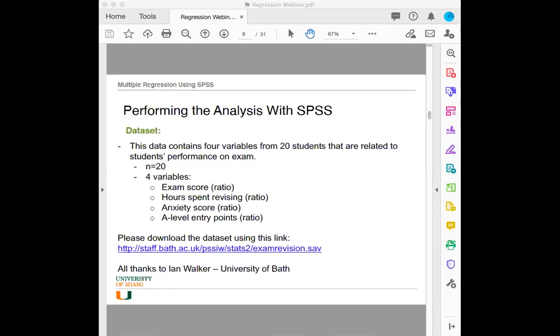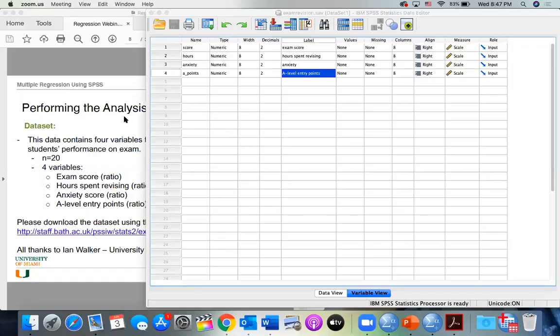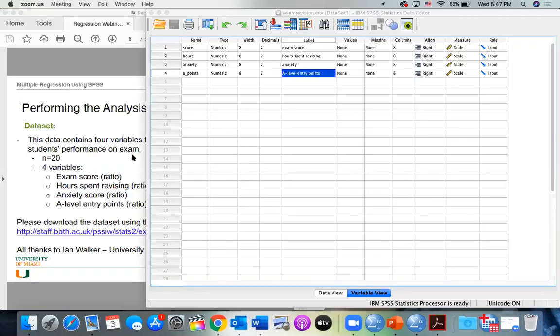Makes sense. So let's do this: a new share and then SPSS Statistics. So what about now? Can you see both of them? Okay, great.